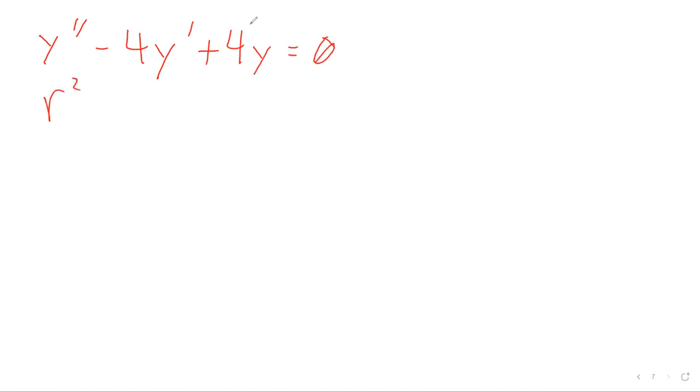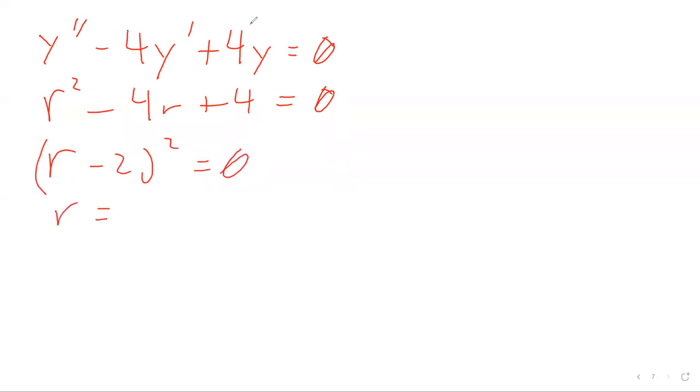Let's write our characteristic equation. And then this one we can factor. So our r is going to equal 2, order 2. All right, so we know that this is going to be repeated.